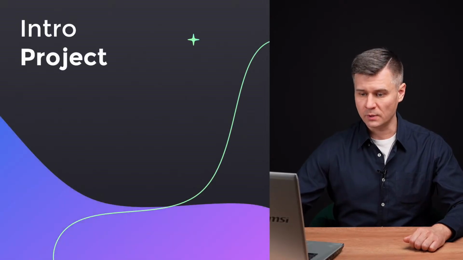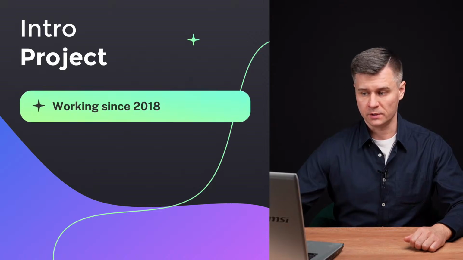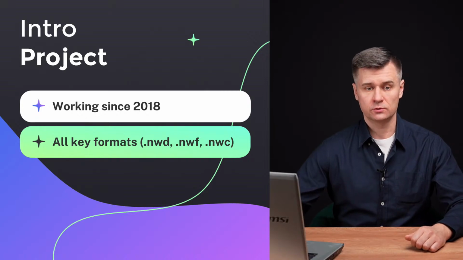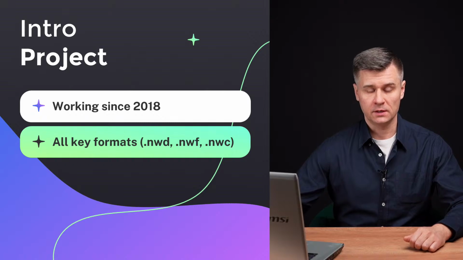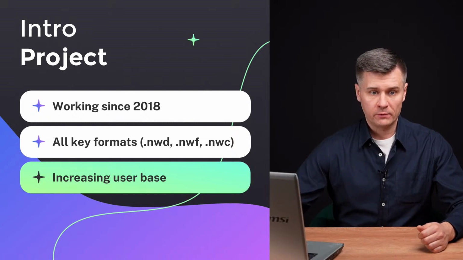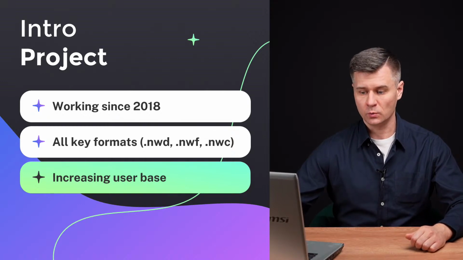So, a quick intro about our project. We started work on this project in 2018, and this project targets to support the key Navisworks formats NWD, NWF, and NWC. We've got an increasing user base for this project, despite it's not among the oldest in ODA.